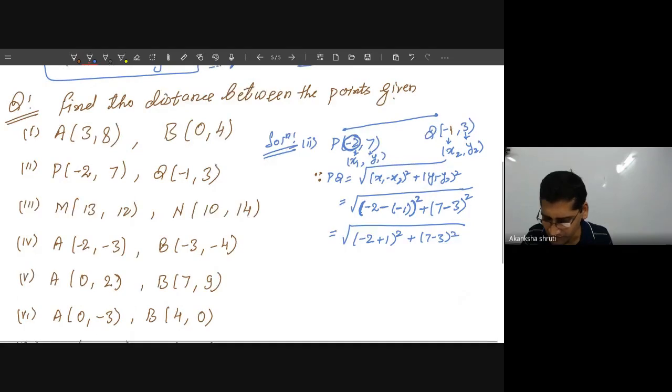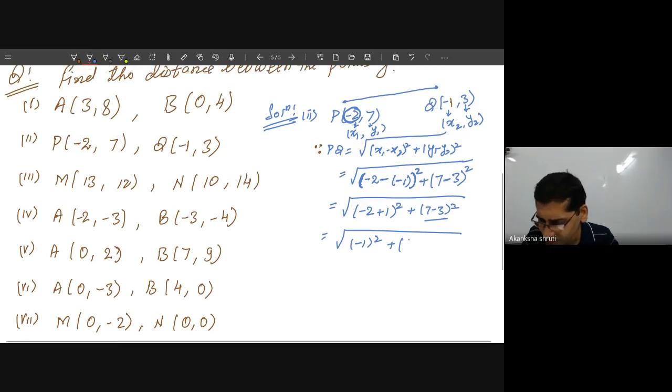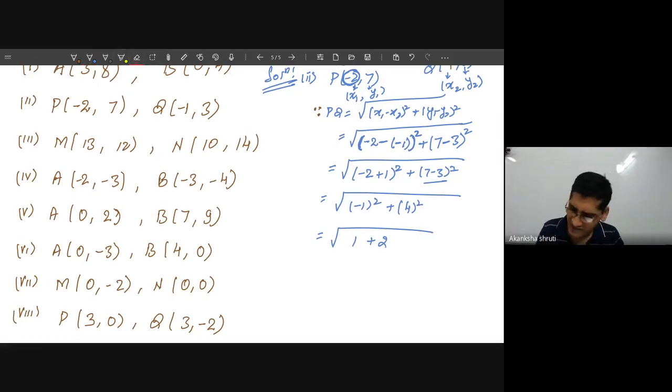If you want, you can simplify it and write it. So it becomes minus of 1 squared plus this bracket is going to give us 4 squared. So this will give us 1 plus 16, so it becomes under root of 17.